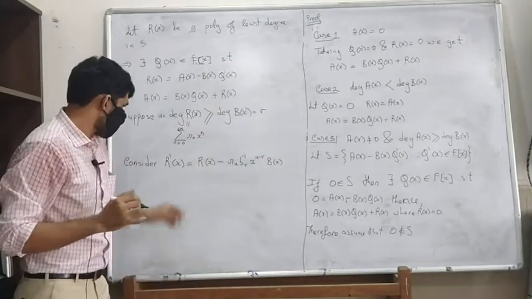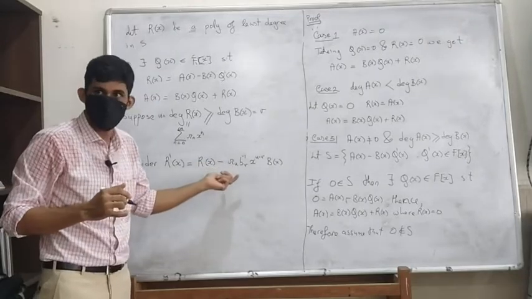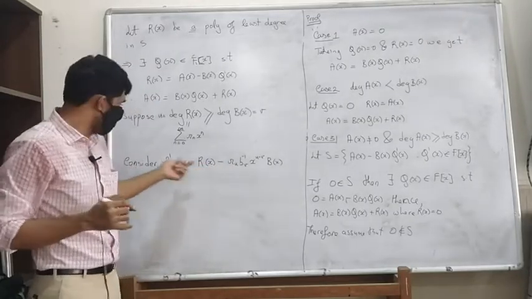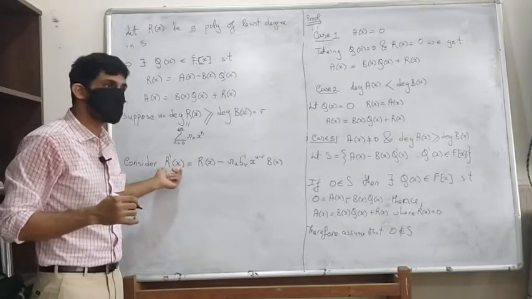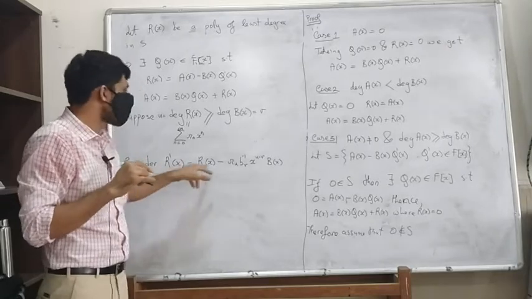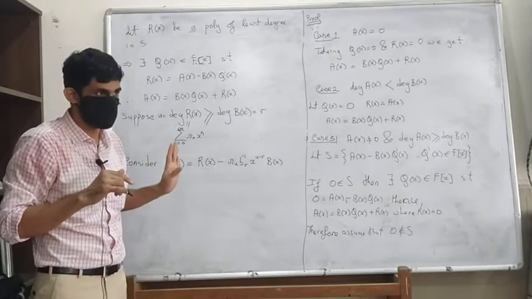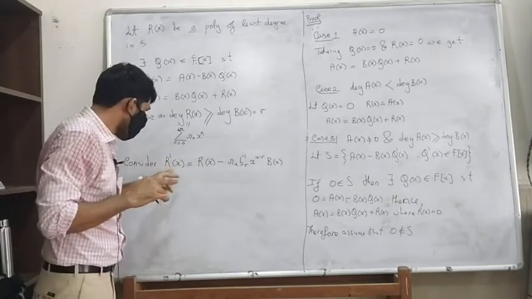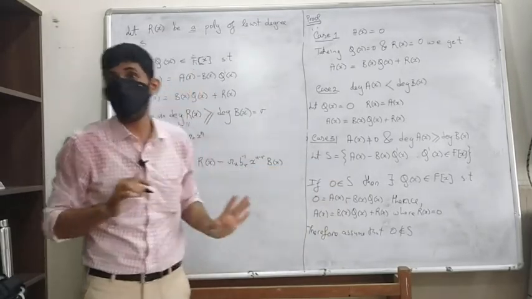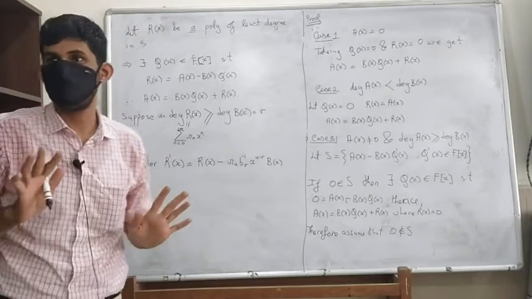We know from the previous theorem that either this is going to be 0, or its degree is going to be strictly less than the degree of R. So if I manage to show that this is in S, then I have got a contradiction.